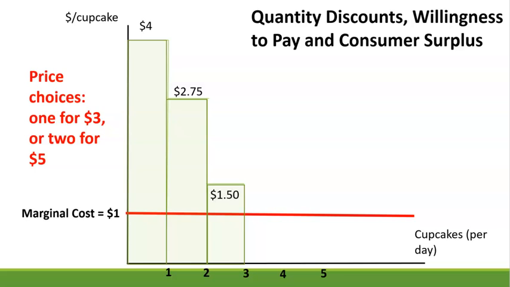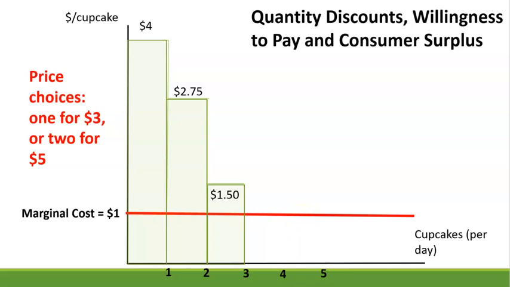So I just made up some numbers, but if these are the choices that you're given, and these dollar amounts reflect your willingness to pay, let's suppose as well for this example that the marginal cost of producing a cupcake is $1.